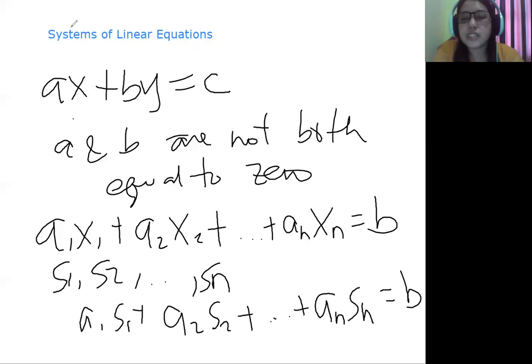If we substitute these in place of x sub 1, x sub 2, until the last x sub n, you will get the value b. It satisfies the equation, which means that s sub 1, s sub 2 until s sub n are the solutions of our system of linear equations.